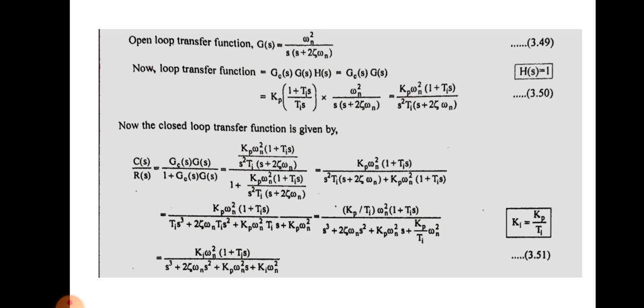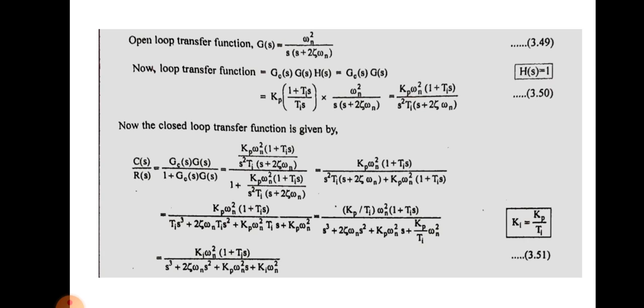The increase in the order of the system results in a less stable system than the original one, because higher order systems are less stable than lower order systems. Similarly, the PI controller increases the type number by 1, and the increase in the type number results in reducing the steady state error. So we can make these conclusions from this analysis.